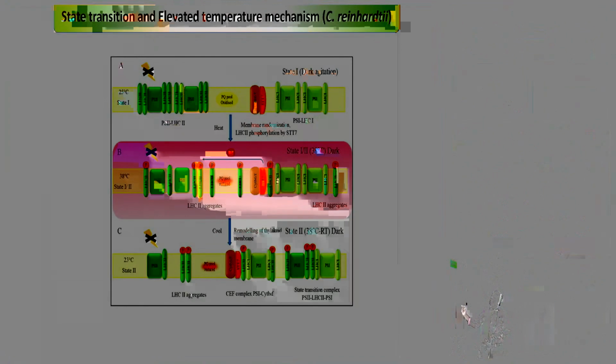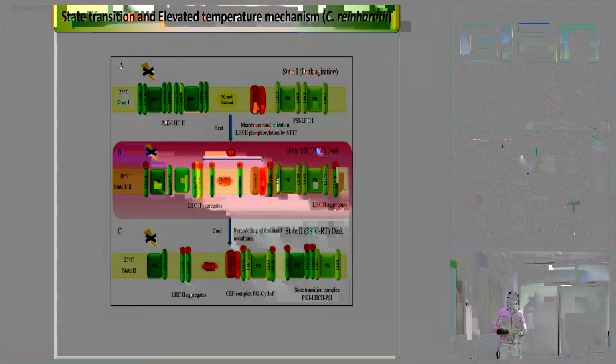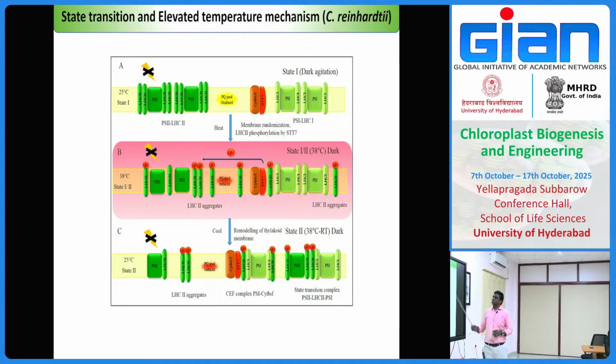Finally, this is also a schema in the algal system. We induced heat and showed that LHC2 gets phosphorylated and associated with photosystem 1.